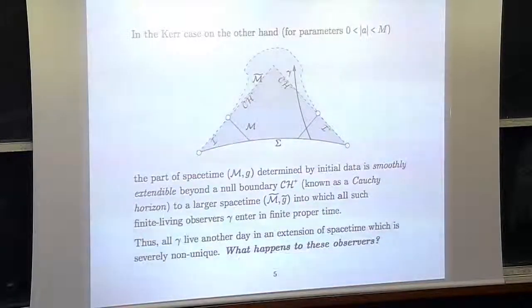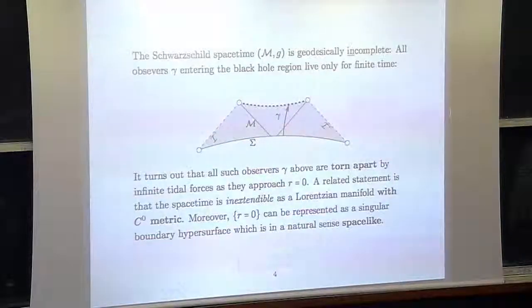But actually, from the point of view of bureaucracy, it is the first case which is far more satisfying. Because in bureaucracy, we very much want everyone to be accounted for. In the Schwarzschild spacetime, all observers either live forever, and that's great, and we know what happens to them, or they don't, in which case they are torn apart by infinite tidal forces, and we also know what happens to them.